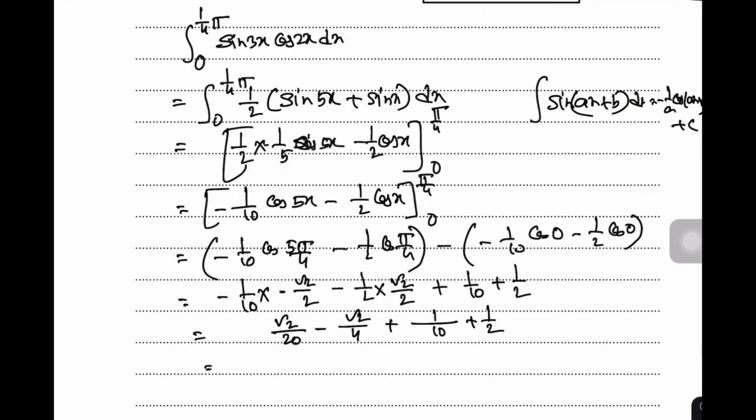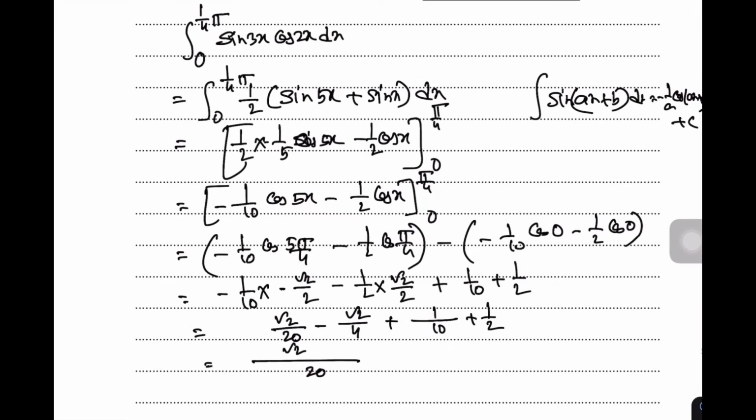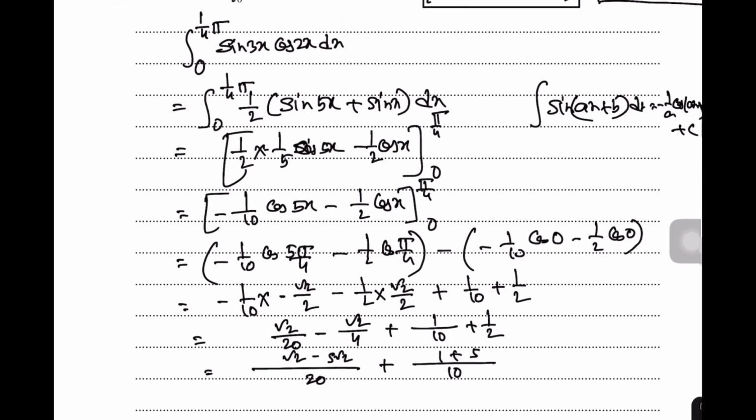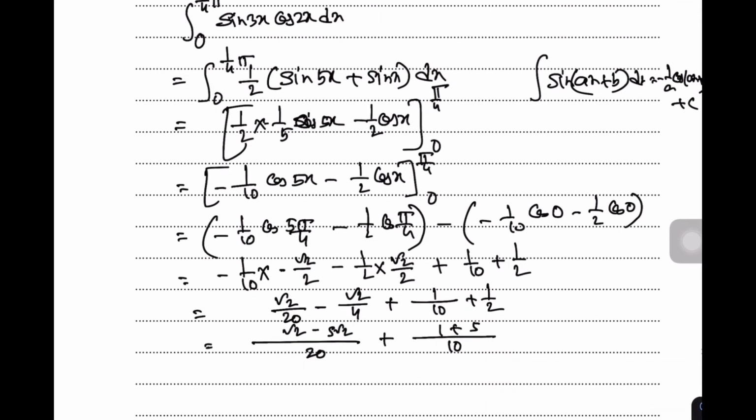Now for this part the LCM is 20, so this is root 2 minus 4, 5 is 25 root 2, plus the LCM here is 10. Now this is 1 plus 5, so this is minus 4 root 2 divided by 20 plus 6 divided by 10.